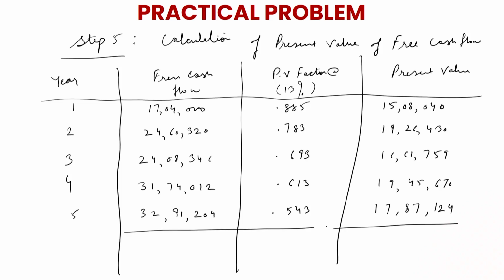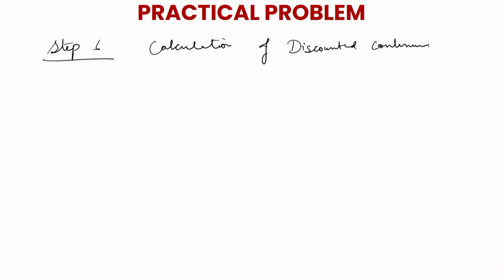Now we compute the total of the present value of the free cash flows. Total would be rupees 88,29,023. Now step 6 is the calculation of discounted continuing value.